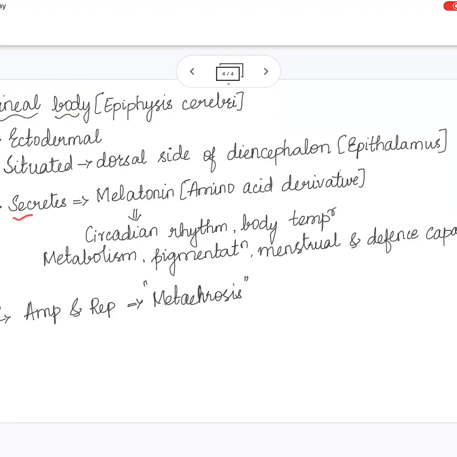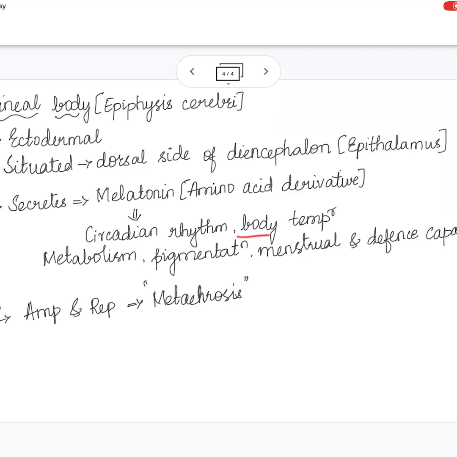Then, what does it secrete? It secretes a hormone that is called melatonin, which is an amino acid derivative. So the example for amino acid derivative will be melatonin, which is secreted by our pineal body. What is this hormone related to? This particular hormone melatonin plays an important role in the regulation of the circadian rhythm, that means our sleep wake cycle.